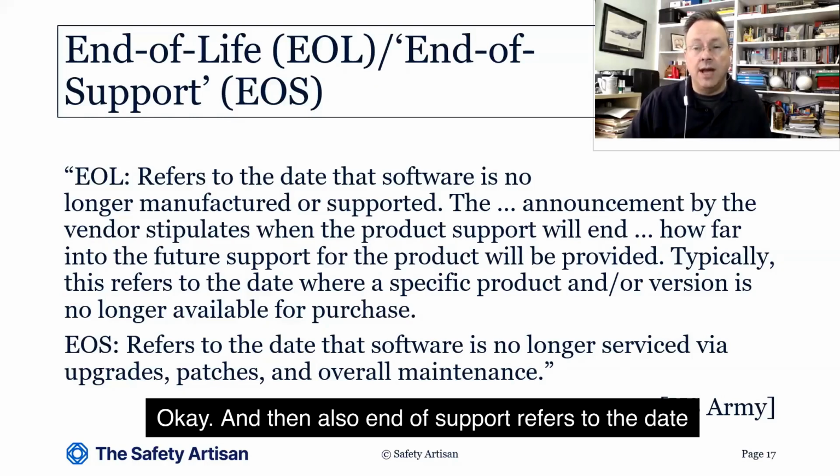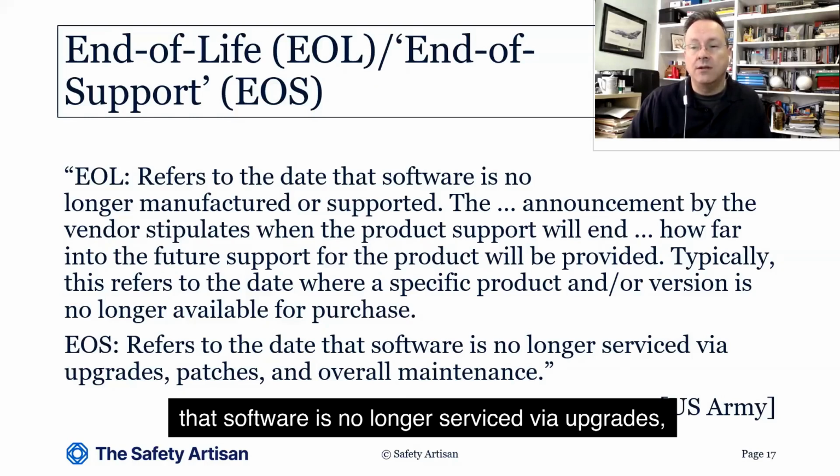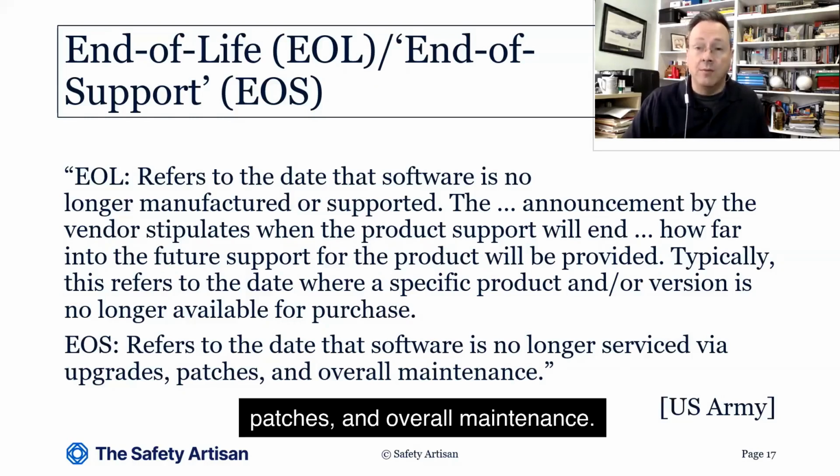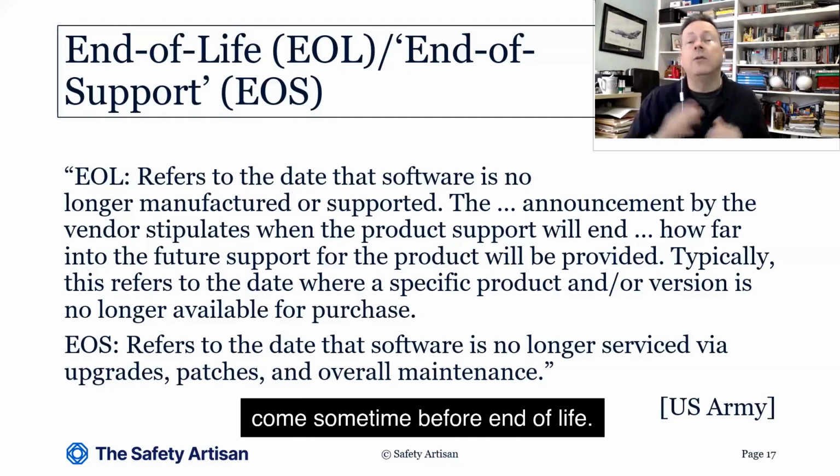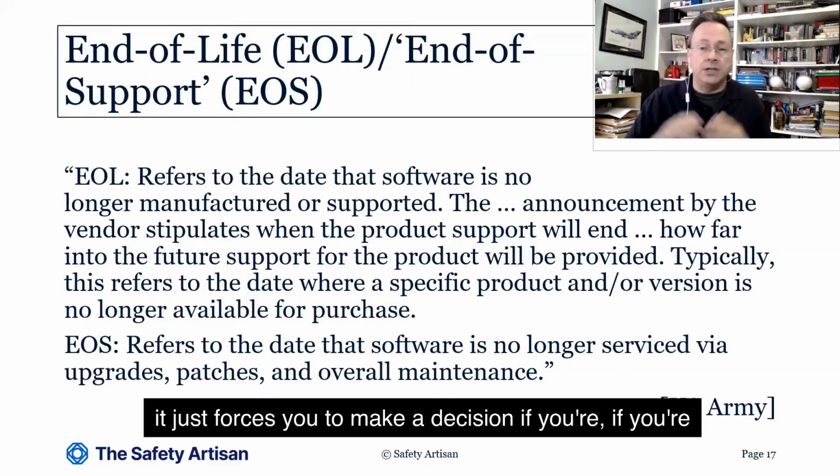Okay. And then also end of support refers to the date that software is no longer serviced via upgrades, patches, and overall maintenance. So end of support might come sometime before end of life. It just forces you to make a decision.